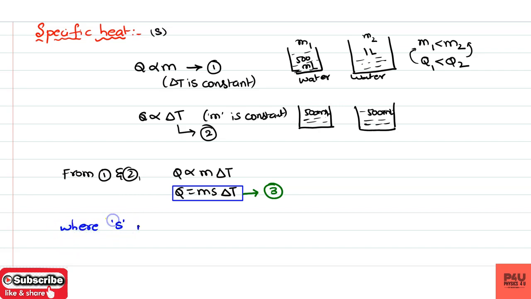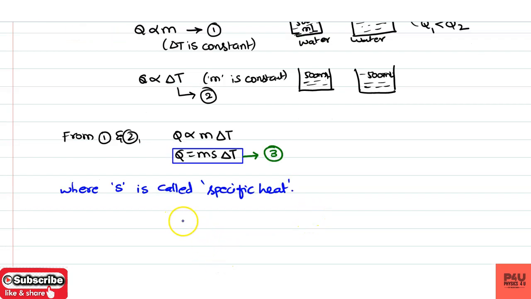So from this equation, S is equal to Q by M delta T. Very, very important equation. Equation 3 and 4 both are important equations. S is equal to Q by M delta T.